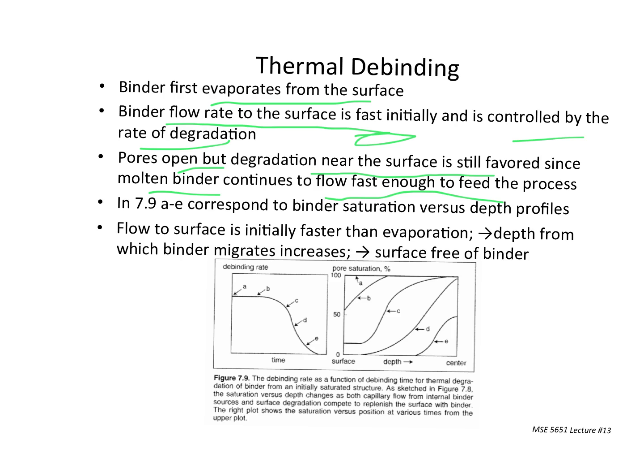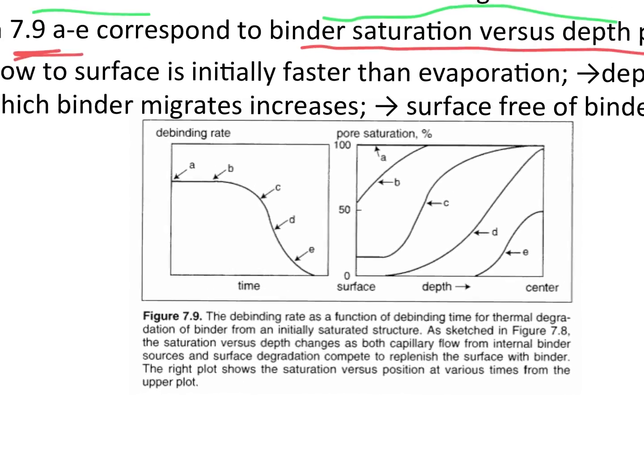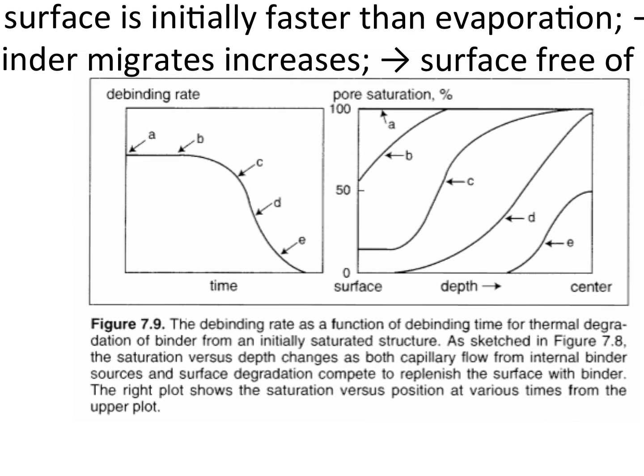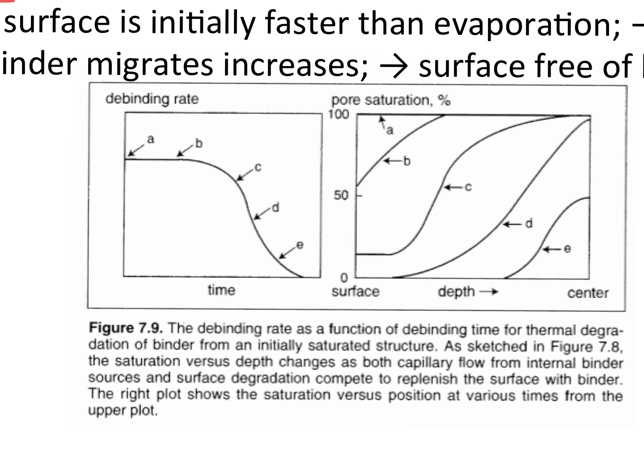And what we're going to do is look at figure 7.9a through e to look at binder saturation versus depth profiles. What we're showing you here are two somewhat idealized graphs, and we're looking at thermal degradation of binder from an initially saturated structure.